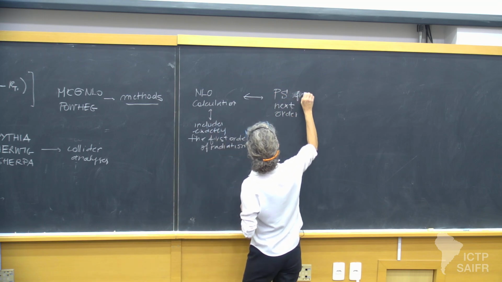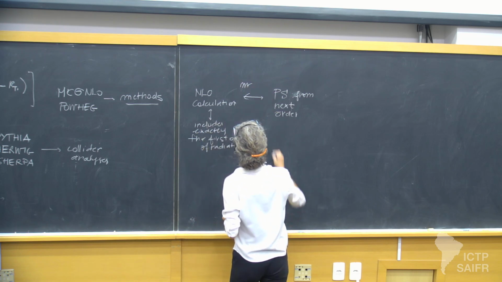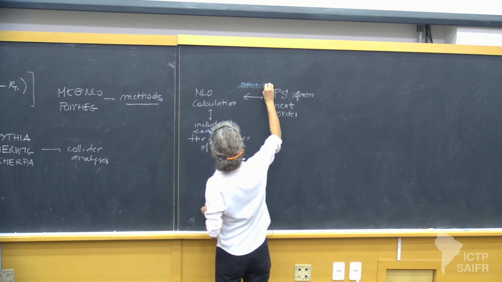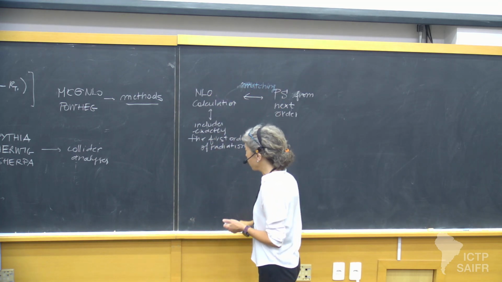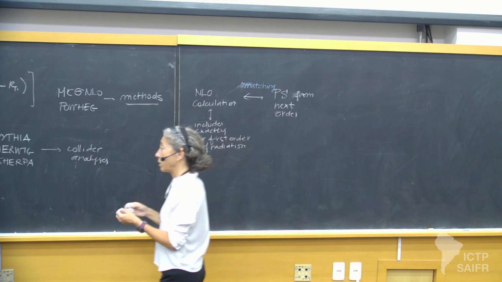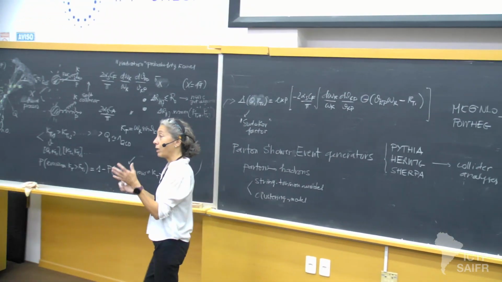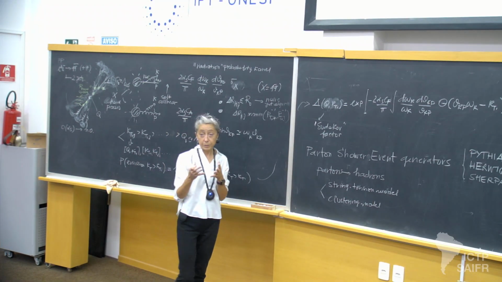Now, this matching is the delicate part. That's why you need a framework that has implemented it for you. Because clearly, the shower wants to emit things, and therefore you need to make sure that when you interface the 2, there is no double counting of emission. Right?